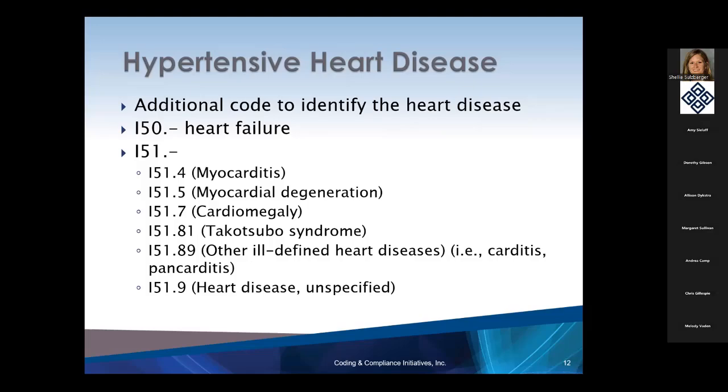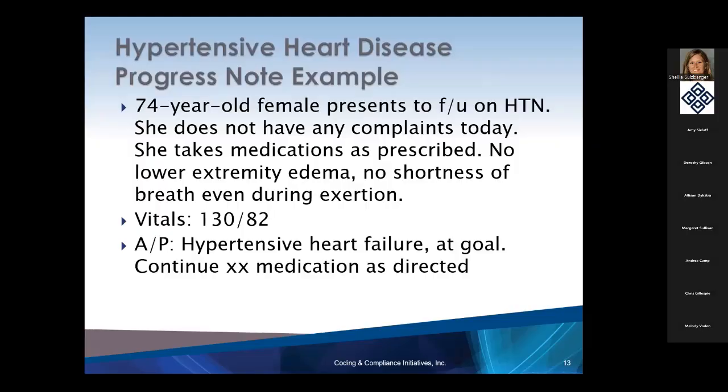We also really want our providers, if you know the type of heart failure, please specify that instead of heart failure unspecified, I-50.9. Try to document to the highest level of specificity to describe the type of patients that you are taking care of. So let's look at an example.